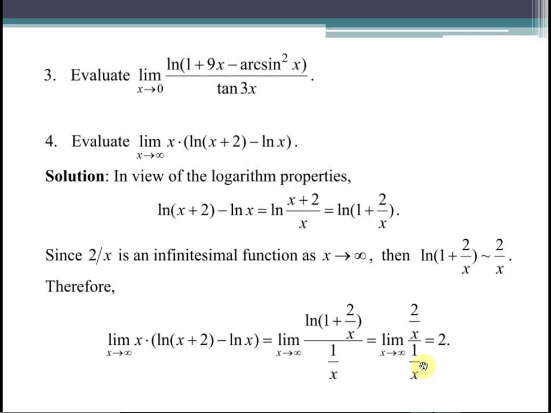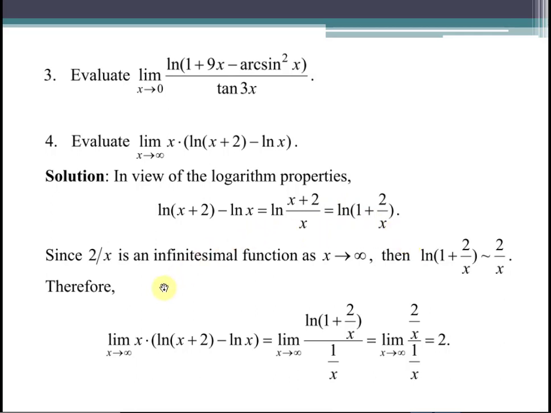So here we will use the property of logarithm. Logarithm a minus logarithm b means logarithm a over b. So here we have x plus 2 over x, or by this way we can write 1 plus 2 over x.